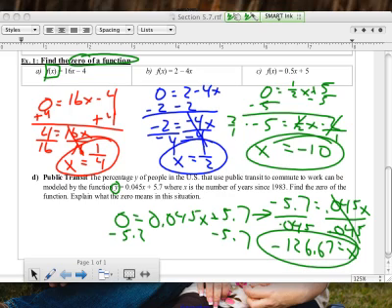So what this means is very simply this. When is y 0? Well, what does y stand for? It says the percent y. So y is the percent of people that use public transit. And when y is 0, that means that 0% of the people in the U.S. use public transit. In other words, when nobody is using public transit to commute to work, it crosses the x-axis at negative 126.67.